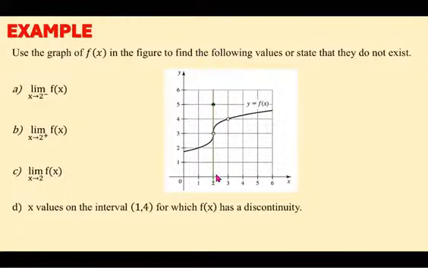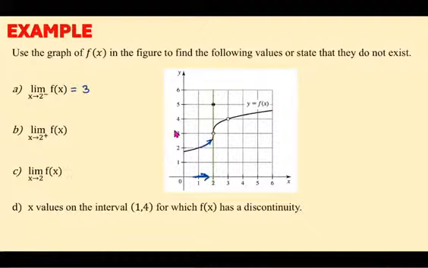Now, when x approaches 2 from the left on the x-axis, as you get closer and closer to 2, how is the graph behaving? The graph is increasing and approaching closer and closer to that hole. And the corresponding value for that is 3. So the left-hand limit is 3.